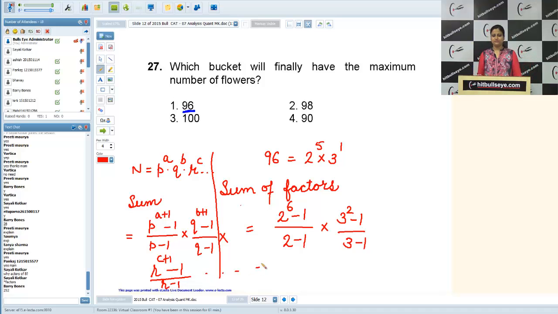In earlier classes, I think we have discussed the whole factor theory. That is the sum formula. So by using this formula, you will calculate the sum of factors for each and every option, and you will mark the maximum answer. Is it okay?